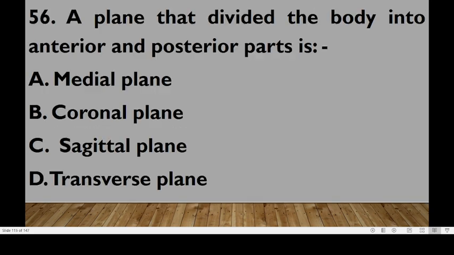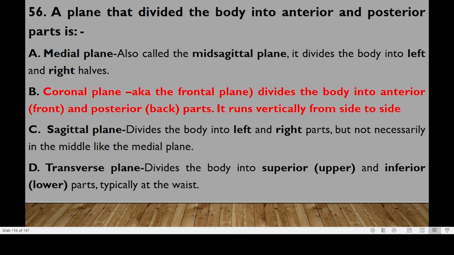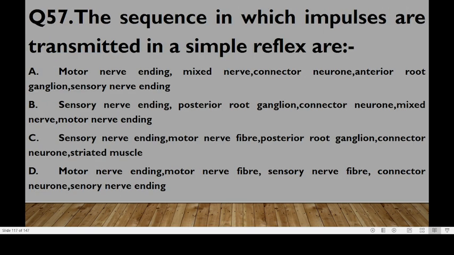A plane that divides the body into anterior and posterior portions is the coronal plane, which is also referred to as the frontal plane. This is the one that divides the body into anterior and posterior parts and runs vertically from side to side.